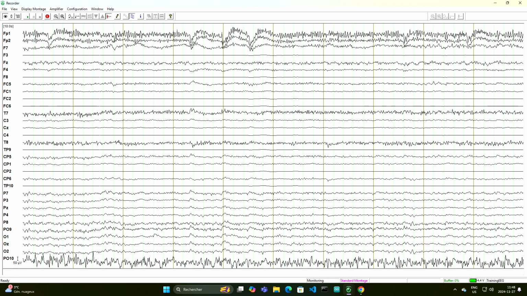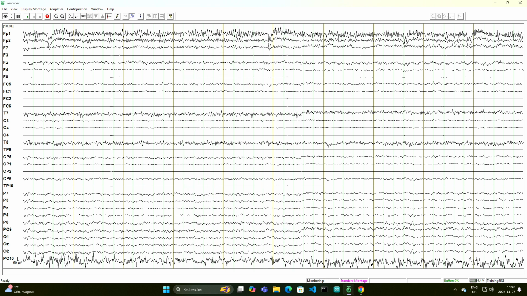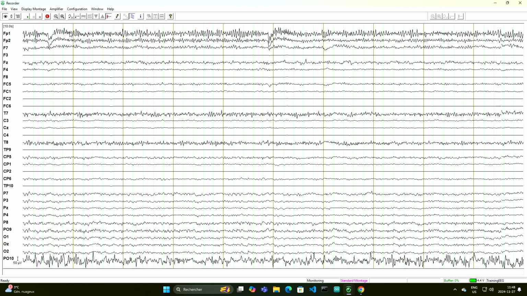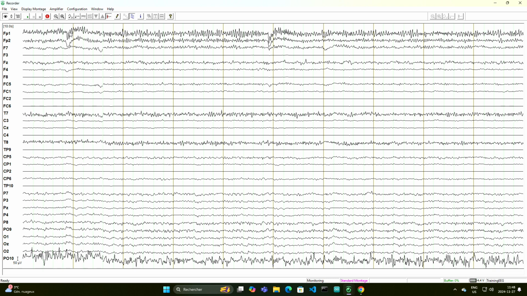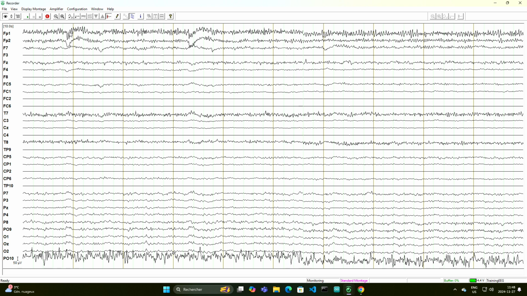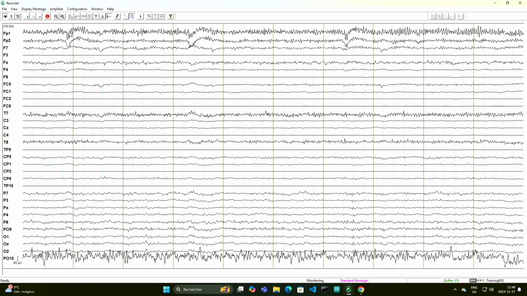The jaw is relatively close to the scalp, so it's very easy to see this. But you can imagine in a study where a participant is needing to speak or they might be nervous. So it's always important to ask participants to remain relaxed. You should also minimize any sort of talking in a study to the extent that you're able to.